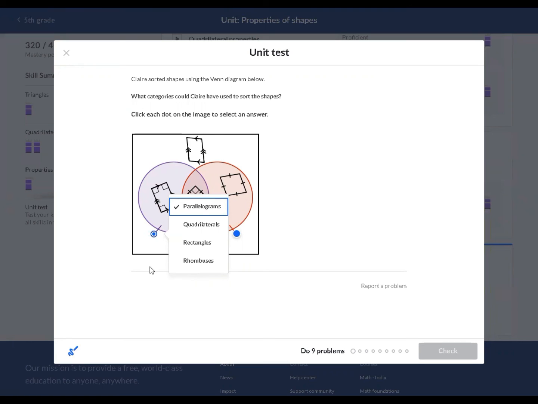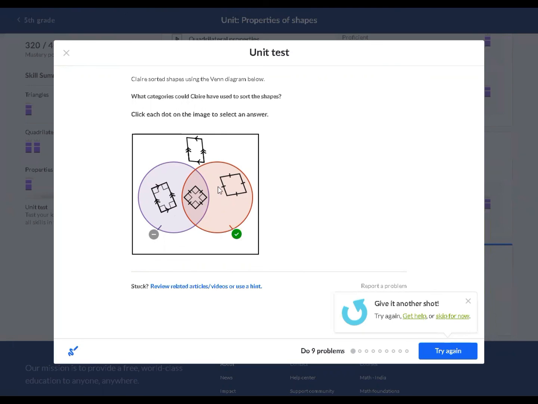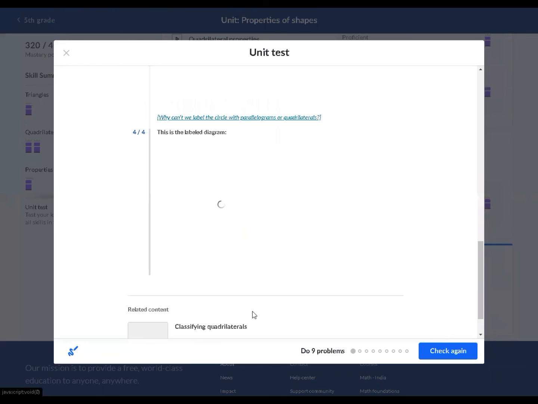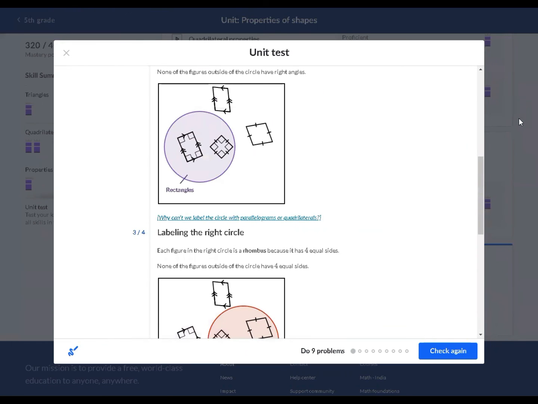I don't know. Why do I think that it's tough? Okay, whatever. So these are rhombuses, I guess. I'm not sure about this answer. Oh yeah. So this one was wrong. I was thinking that it would be wrong. So let's see the real answer.